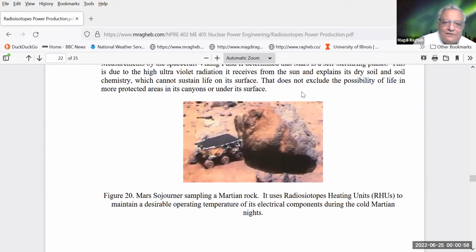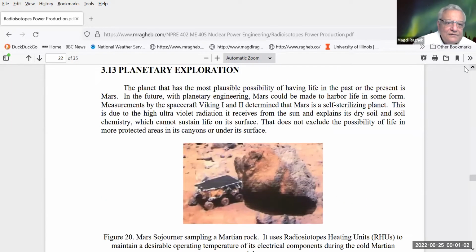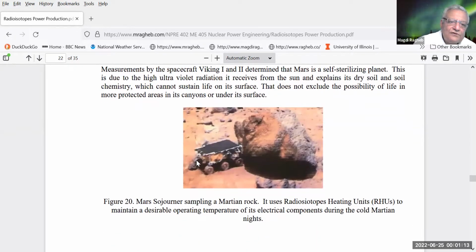Early on in all the space probes, these radioactive generators have been used. This is one of the early probes to Mars. And in that case, you could see it used photovoltaics here. So these are solar cells, but it also used radioisotopes, not electric generators in that case, but RHUs, radioisotope heating units.